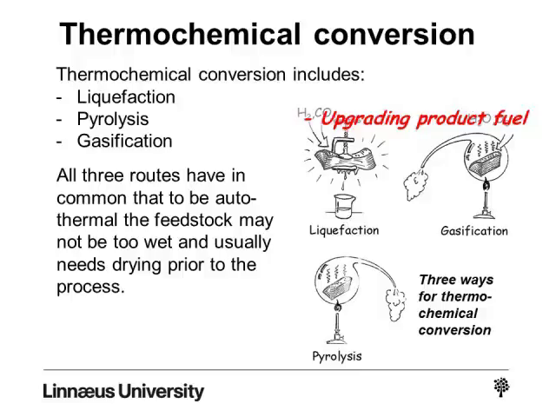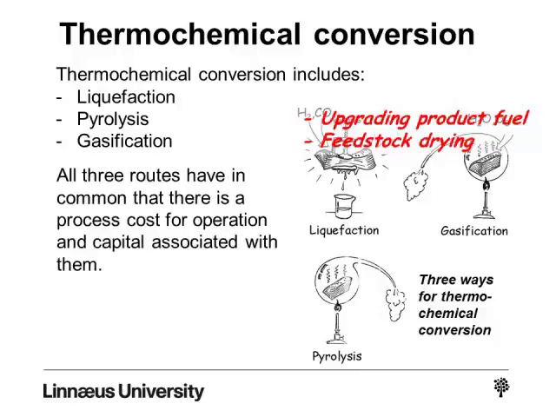If the moisture content had instead been about 10%, we would only have had to add around 100 grams of oxygen or less. And in that case, very much more of the chemical energy in the original feedstock would have been retained in the gas. So the drier the fuel, the better the energy economy. So usually, thermochemical conversion requires a drying of the feedstock before the process.